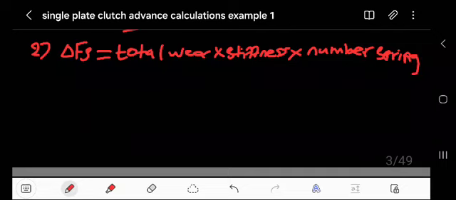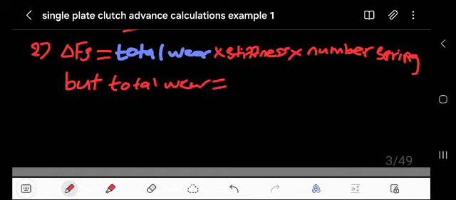Now, there's something you must know. Total wear singularly has its own formula. To calculate total wear, you calculate it separately if you are not given total wear.